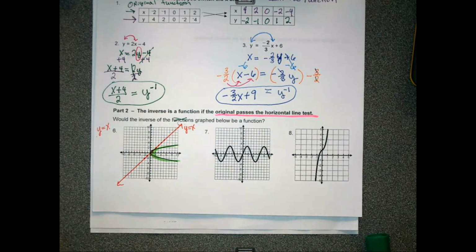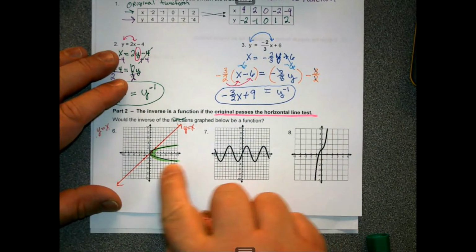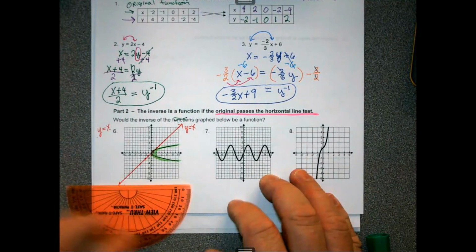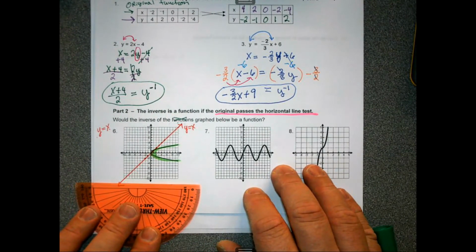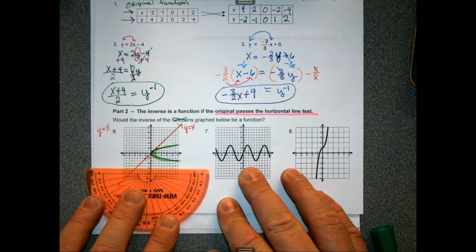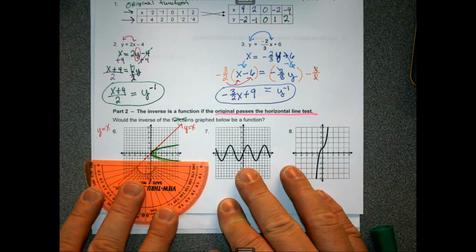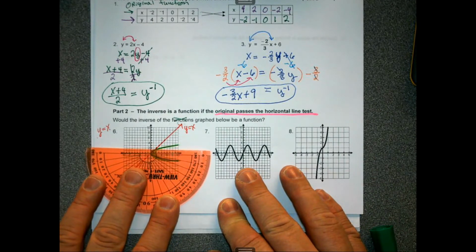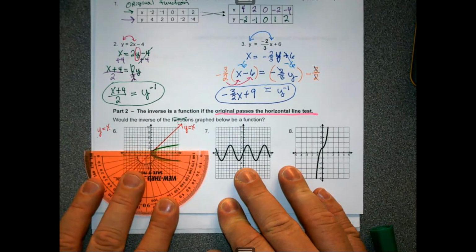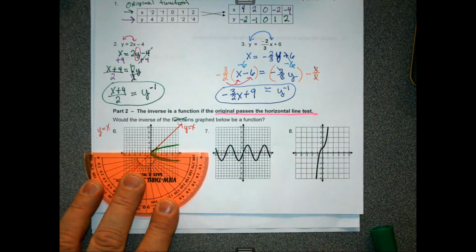Anyway, so here's my original graph. Here's my horizontal line test. If I take this horizontal line test and go through this graph, does it intersect at exactly 1 point throughout? Think about it.